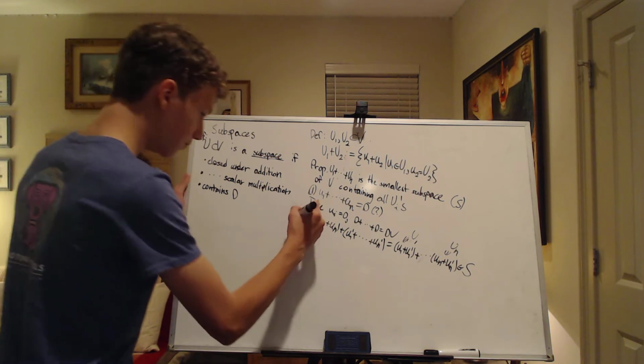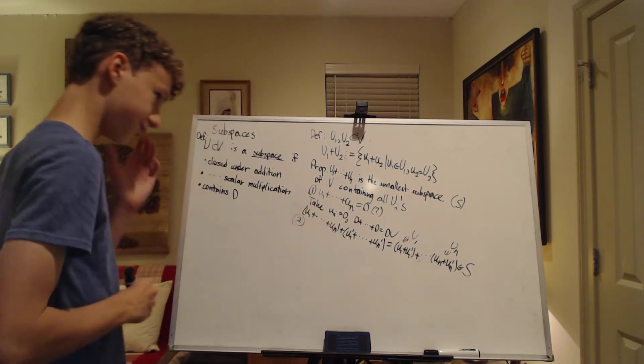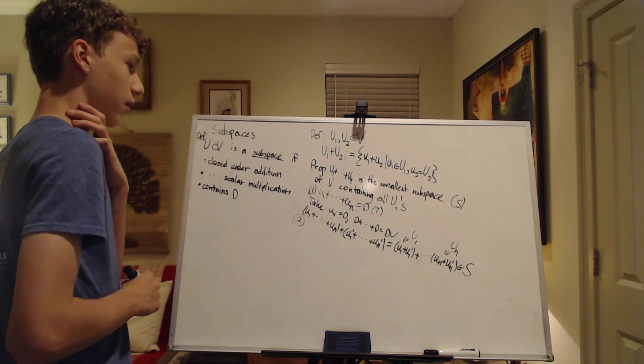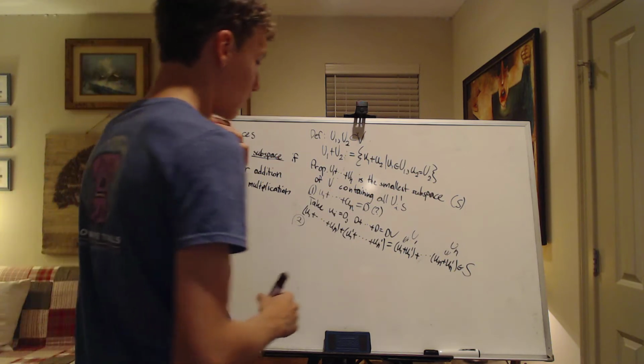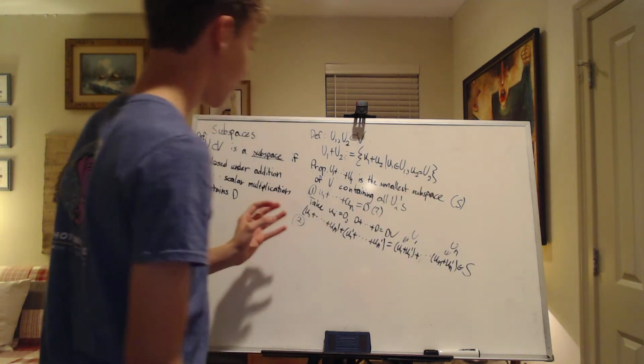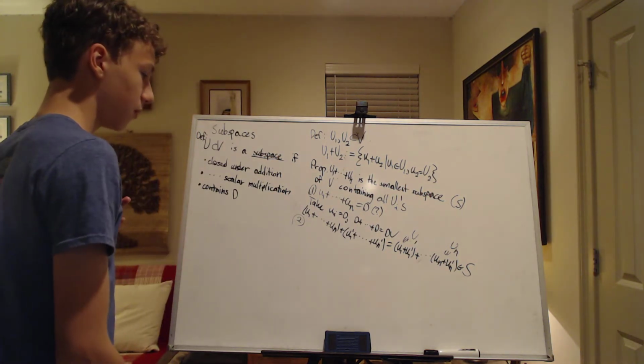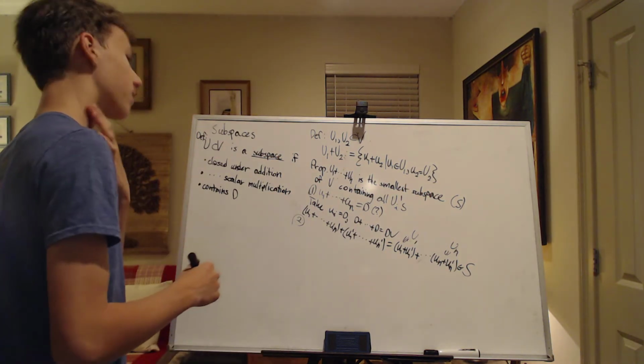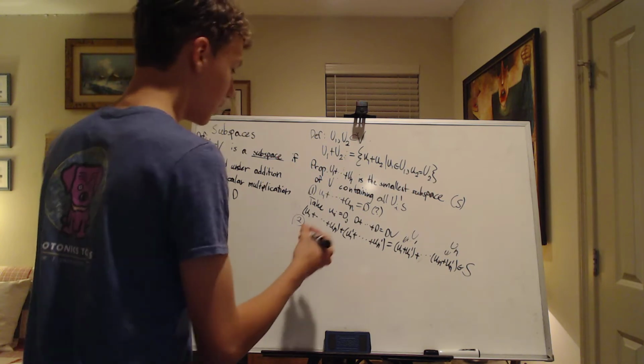So now on to the second part. Now what we must show is that indeed all of the UIs are actually in the subspace. We just showed it's a subspace. And so that's not too hard.